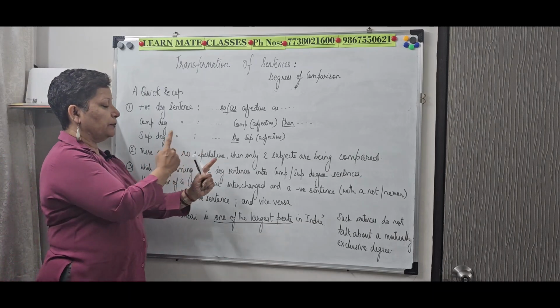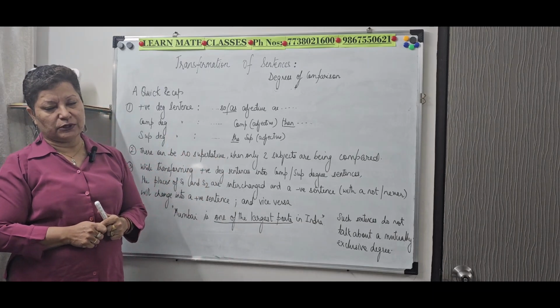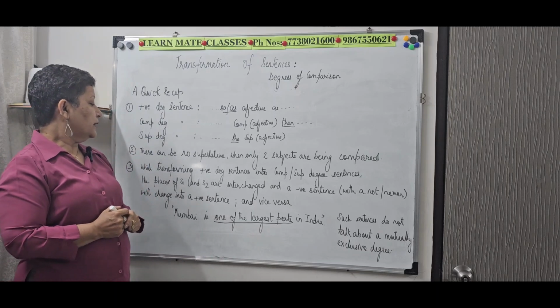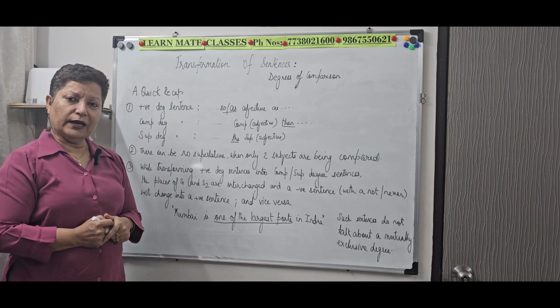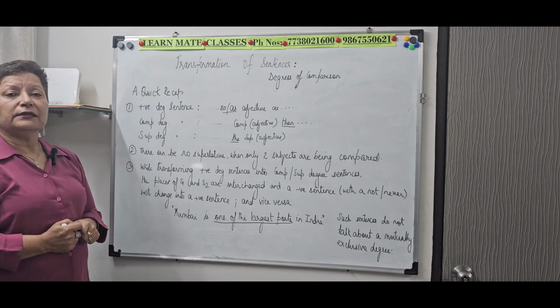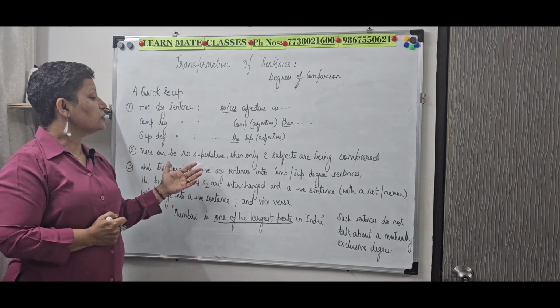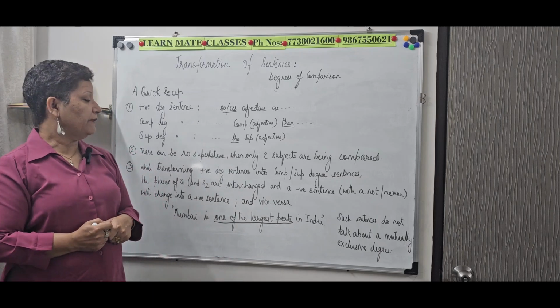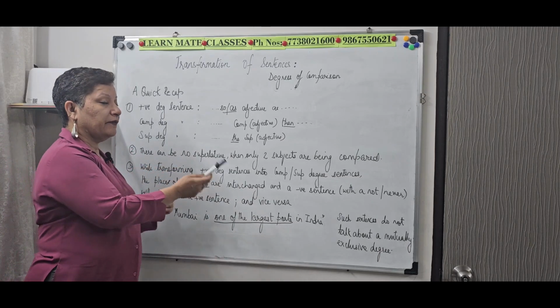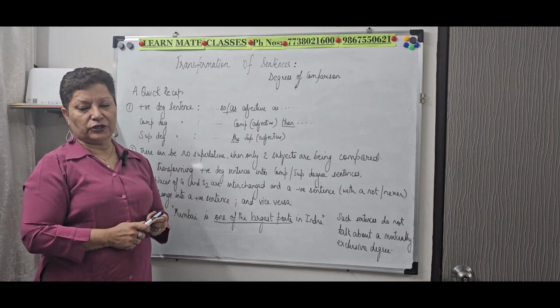The position and the placement of subject 1 and subject 2 are going to get interchanged. So suppose I say Harish is as tall as Sohan. Sorry, if I say Harish is not as tall as Sohan, I will be saying that Sohan is taller than Harish. So I have interchanged the places of Harish and Sohan.